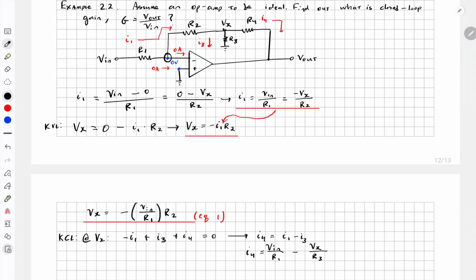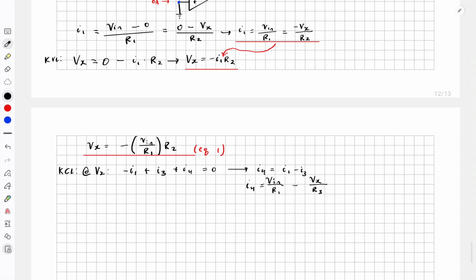Okay, so now let's simplify this a little bit if possible. So I4 is equal to Vin divided by R1. Let's not touch that just yet. Let's worry about what Vx is.